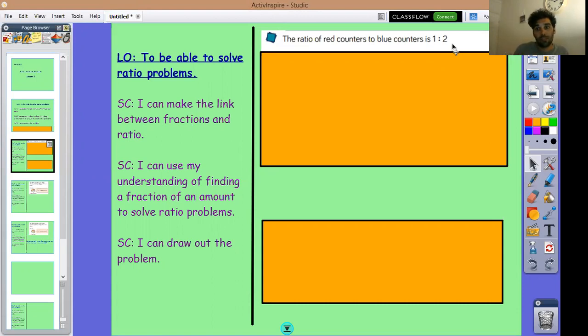Now, a lot of people would say this fraction of a ratio is 1 over 2, a half, but it isn't. Actually, if we count it, I've got 1 red and 2 blues. So already it is part of 3.